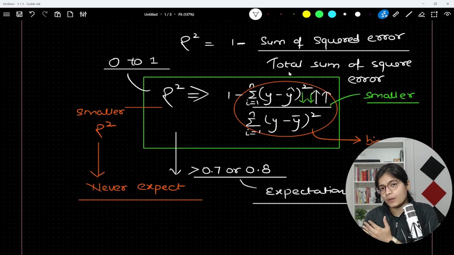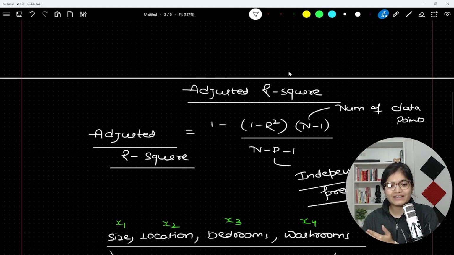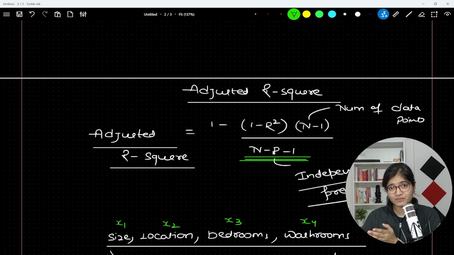Whenever the number of features increases, your R square value will anyhow increase, but your adjusted R square value will get penalized, because here we are doing a subtraction by 1, then the number of data points minus p. If you observe, we are doing just n minus p.